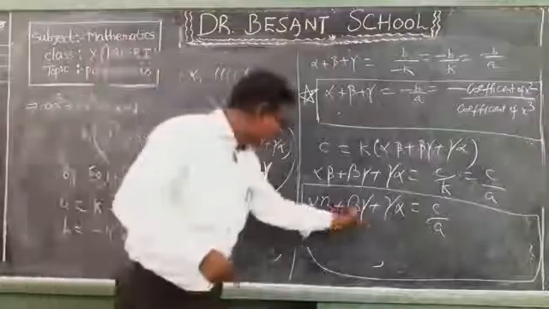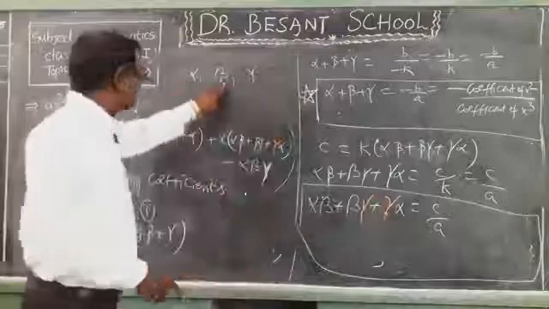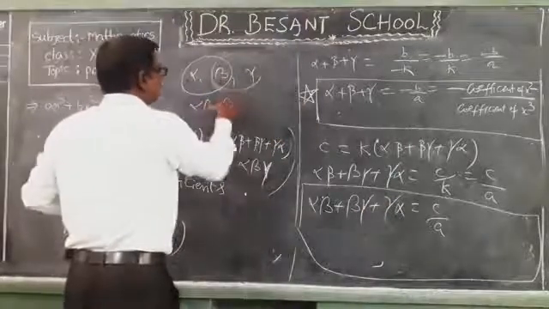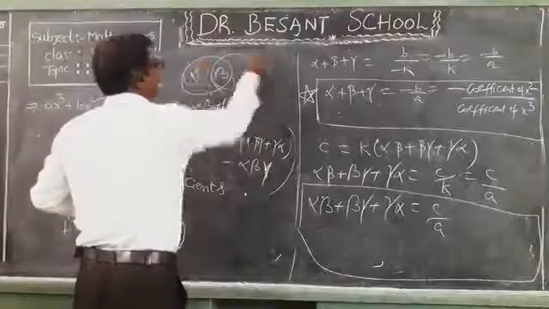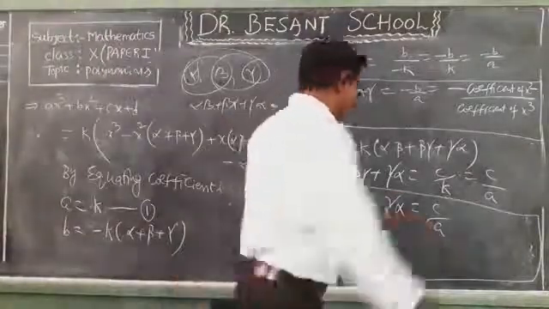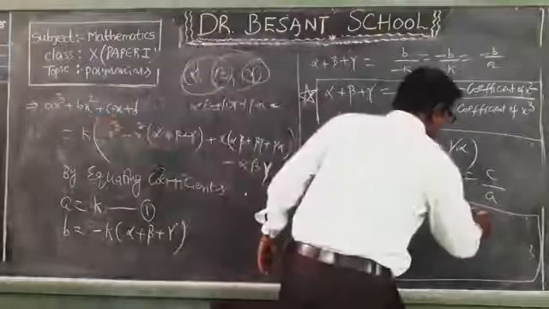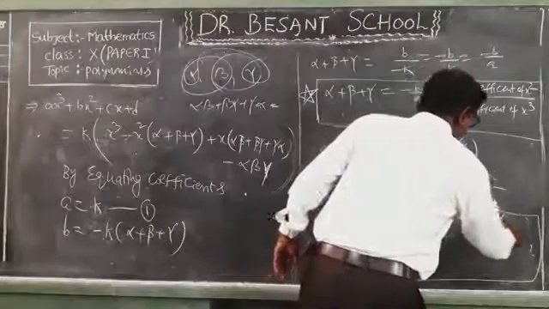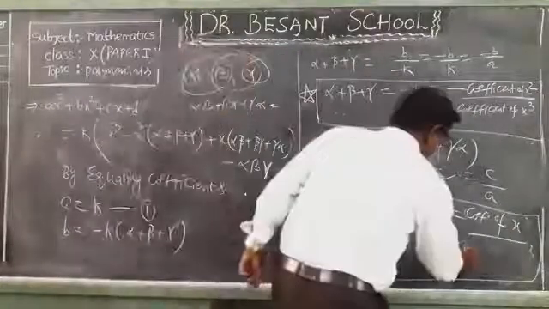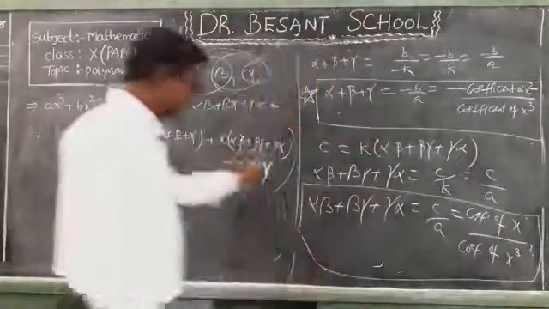The sum of products of two zeros taken at a time: alpha beta plus beta gamma plus gamma alpha. The formula is c by a, where c means the coefficient of x and a means the coefficient of x cube.